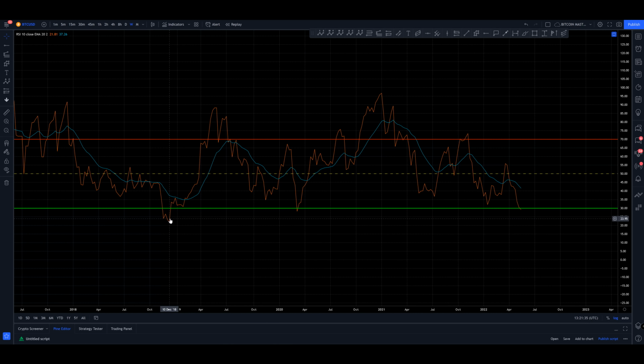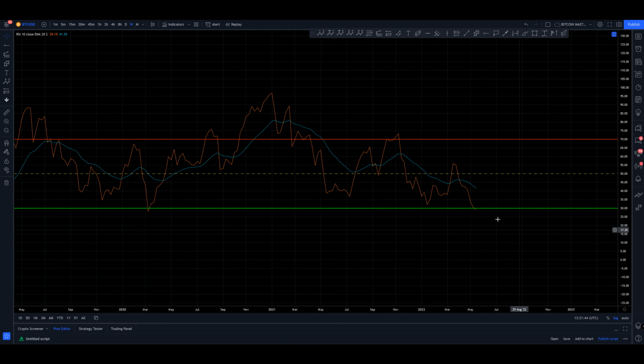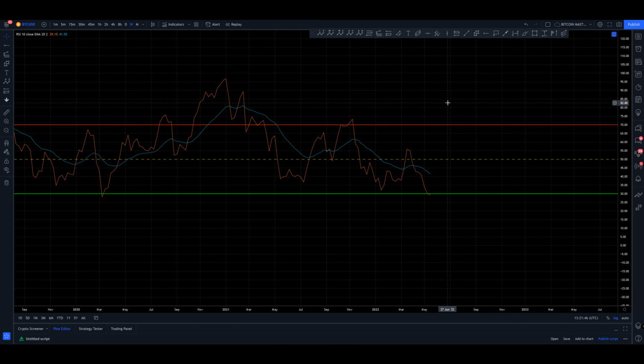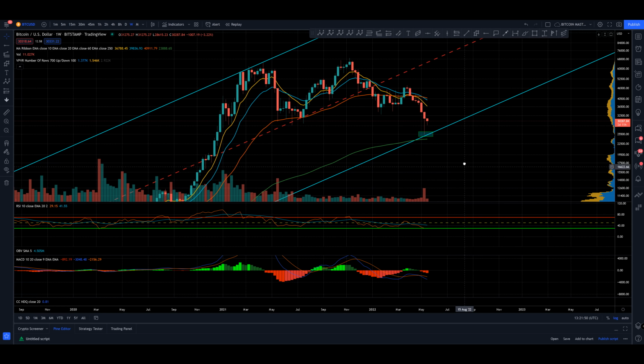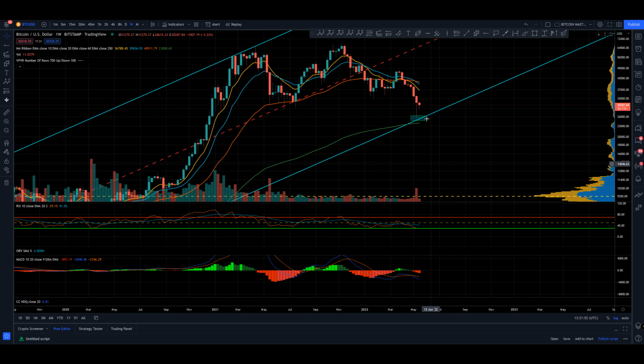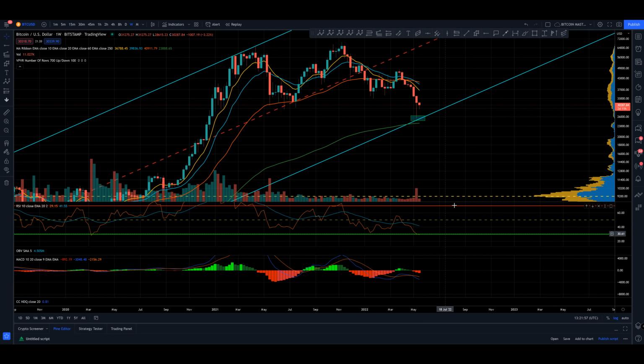We did the same back in the December 18 lows to the March 20 lows: from high to low, low to high, high to low, low to high, high to low. So we are fundamentally just bearish at the moment, but we are getting extremely oversold. Doesn't mean we can't come lower. However, if we were to come lower, I would start looking for some kind of divergence to occur.